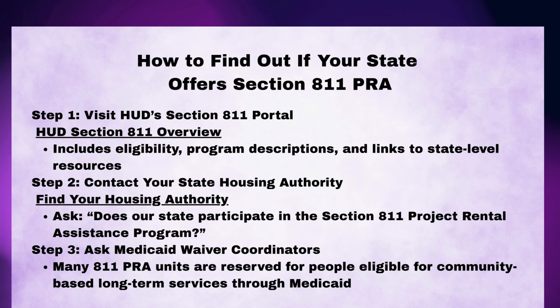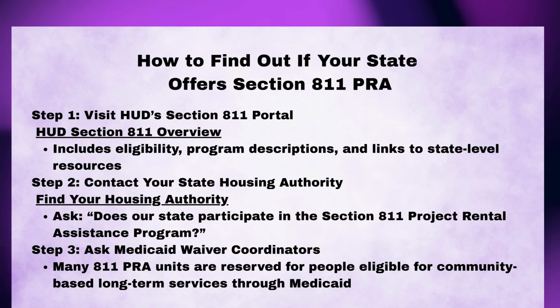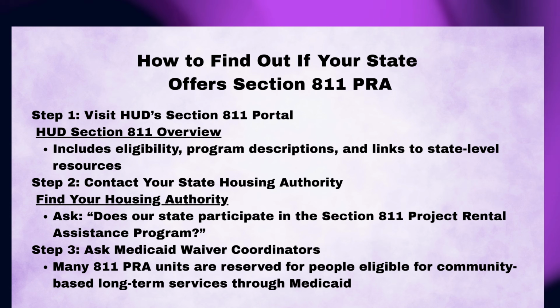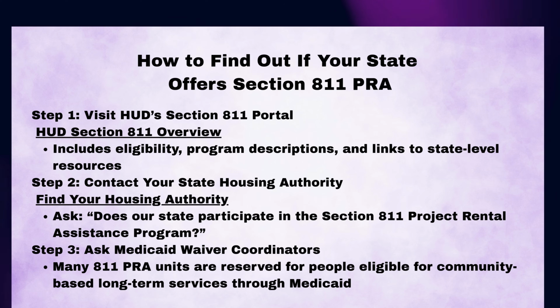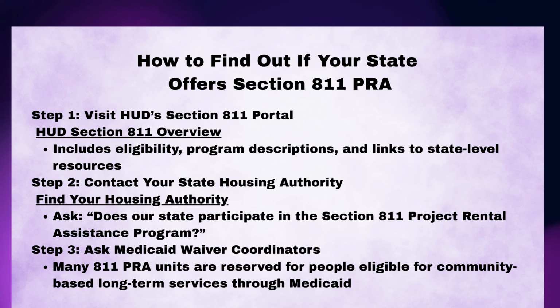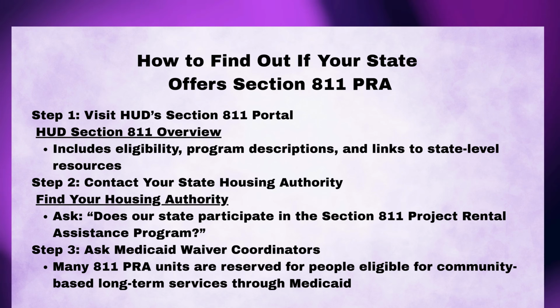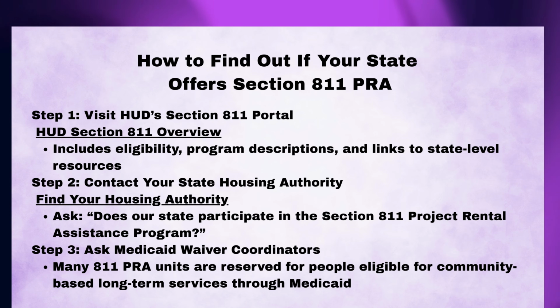You can contact your state housing authority, and guys, that'll just be linked. I don't think I showed you how to find your housing authority, but anyway, I will link it. And also, if you're on Medicaid, you can ask your Medicaid waiver coordinators because many 811 PRA units are reserved for people eligible for community based long term services through Medicaid.